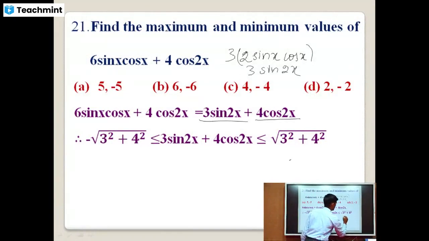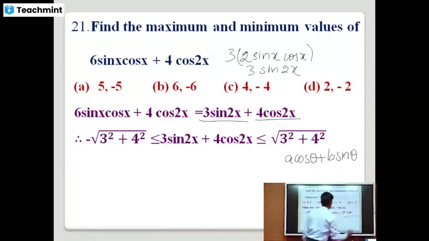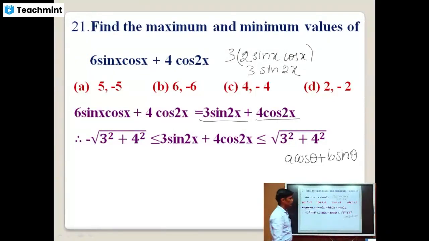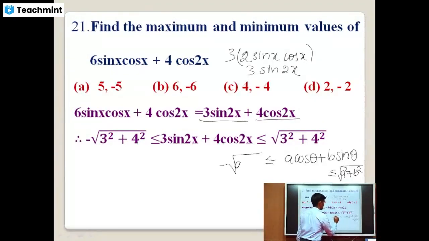That is like a cos theta plus b sin theta. Whenever we have a cos theta plus b sin theta, its maximum value is always root of a square plus b square, and minimum value is always minus root of a square plus b square. This is very important. That is the range of a cos theta plus b sin theta.